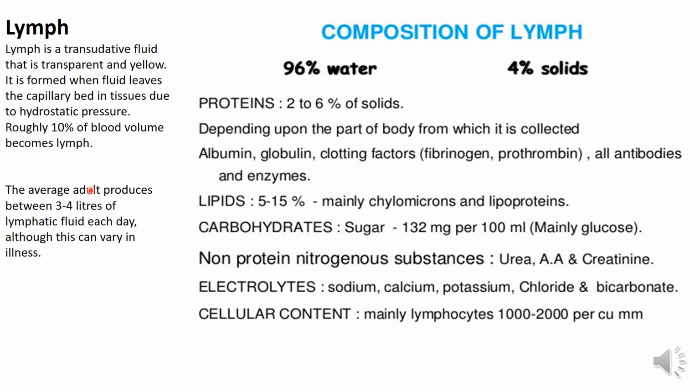An average adult produces 3 to 4 liters of lymphatic fluid each day, but this can vary in illness. It is formed when fluid leaves the capillary bed in tissues due to hydrostatic pressure.